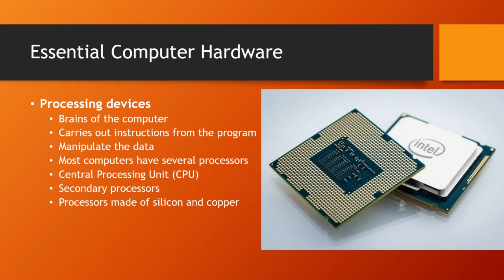It carries out instructions from the program and manipulates data to turn it into something meaningful. Most computers have several processors. Gone are the days where we have only a single core or a single processor inside our computers. Right now, the minimum could be four. And processors are made of silicon and copper.